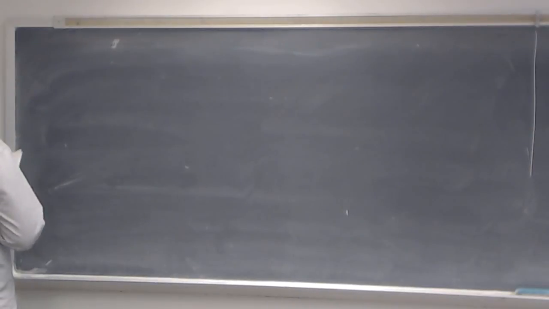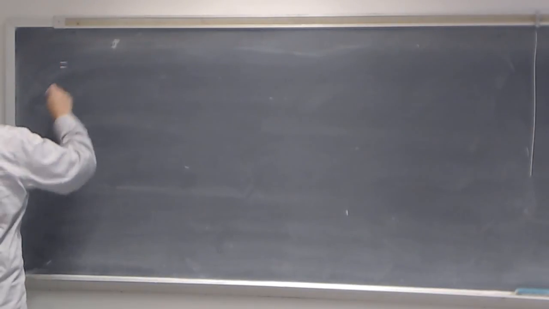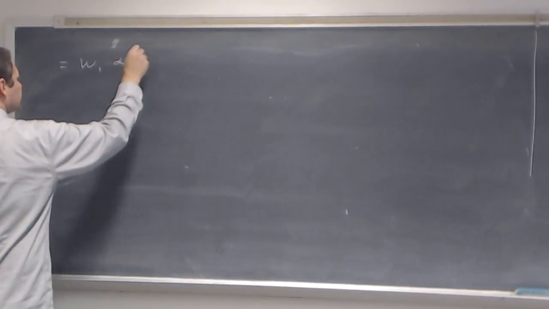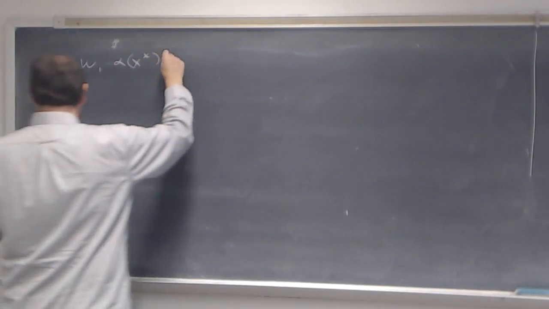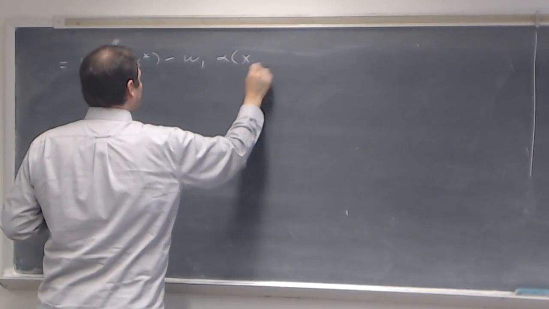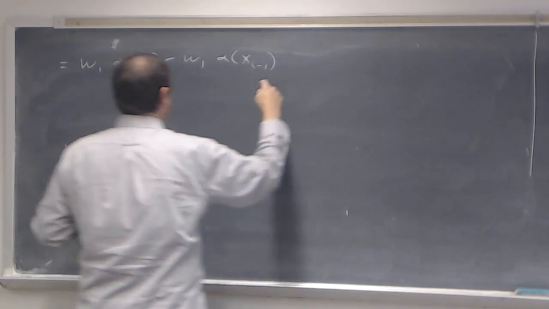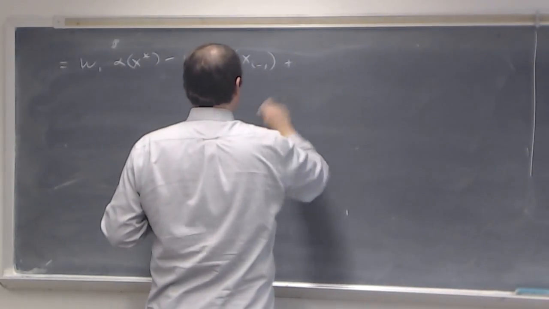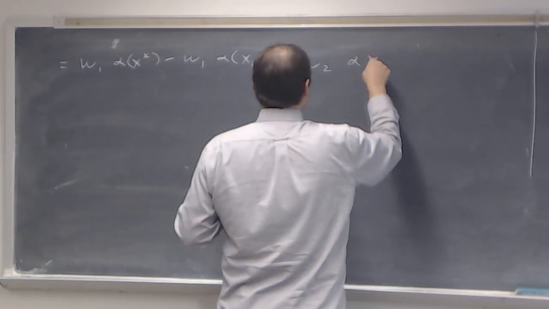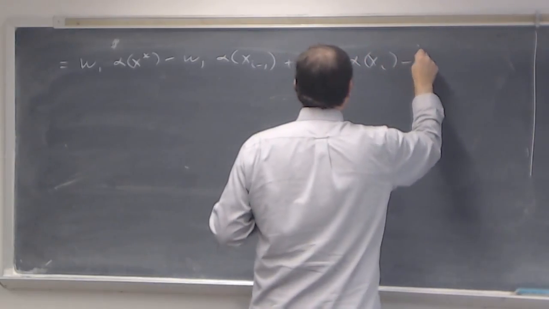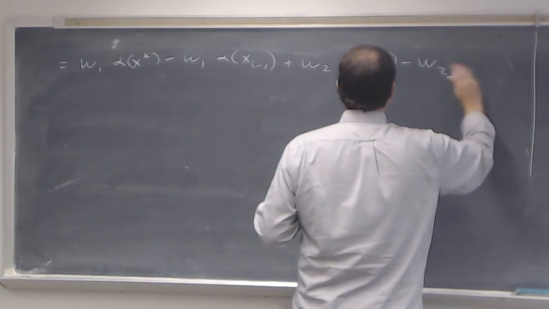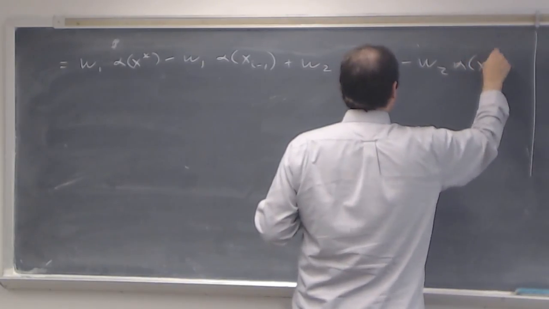So when I expand that, what I get is that's equal to W sub 1 alpha x star minus W sub 1 alpha x sub I minus 1. And then it will be plus W sub 2 alpha x sub I, and then minus W sub 2 alpha x star.